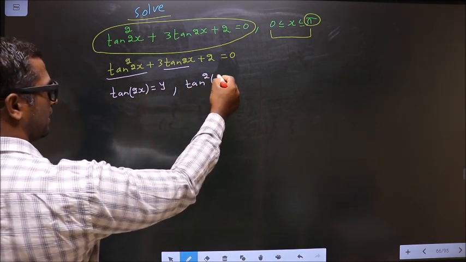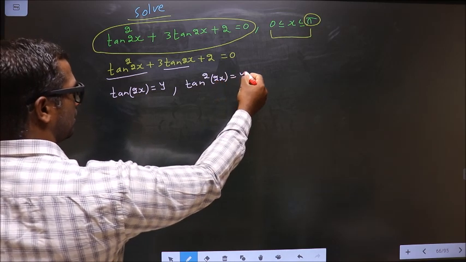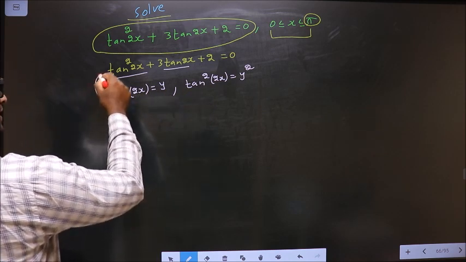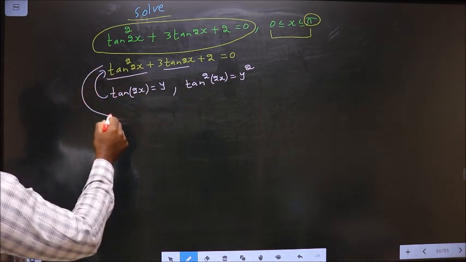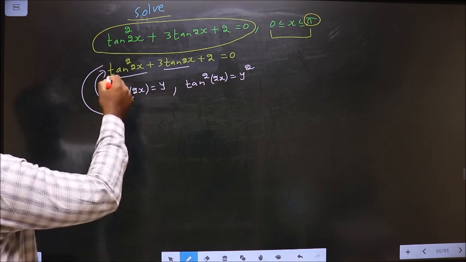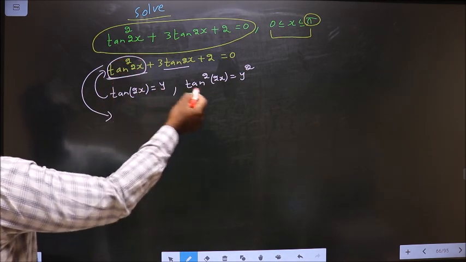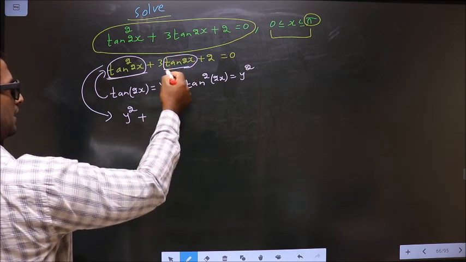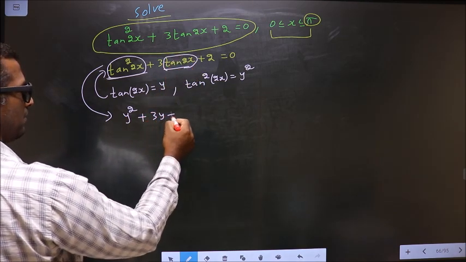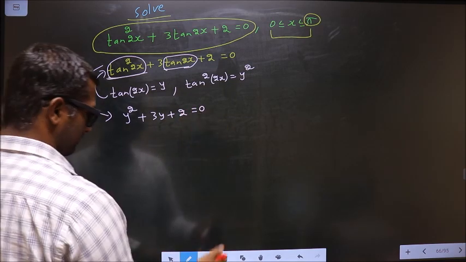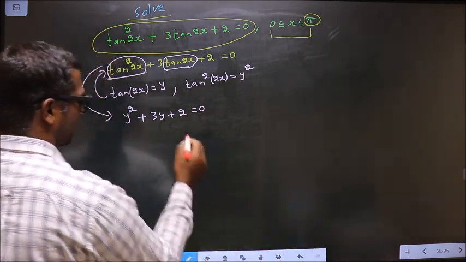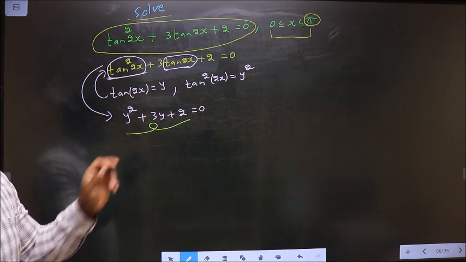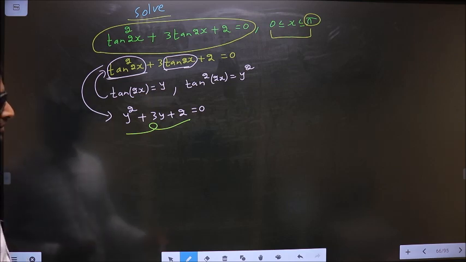We get tan square 2x equal to y square. Now replace tan 2x and tan square 2x in this equation. This equation now becomes, in place of tan square 2x, y square, in place of tan 2x, y, plus 2 equal to 0.